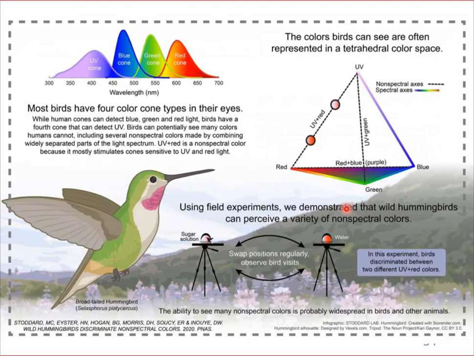And how about the birds? Most birds have 4 cone cells. For red, green, and blue, they are similar to human beings, but they can sense ultraviolet. So what is the usage? For example, the hummingbirds.